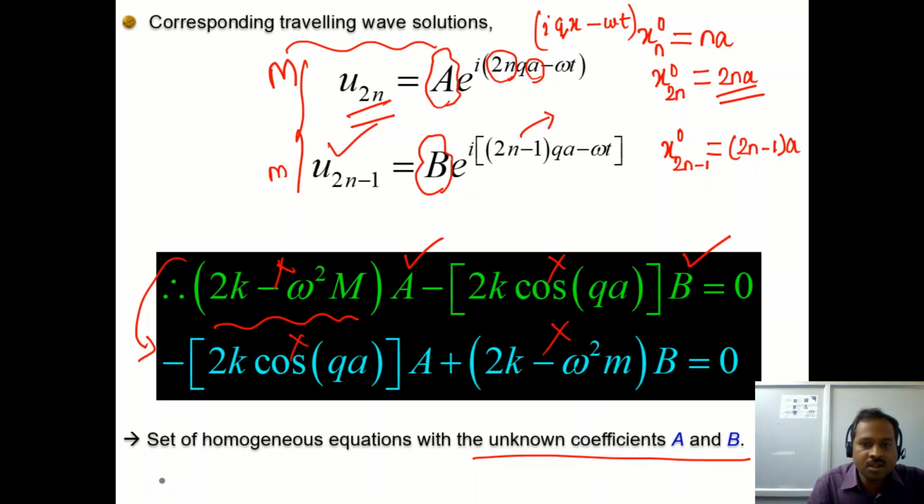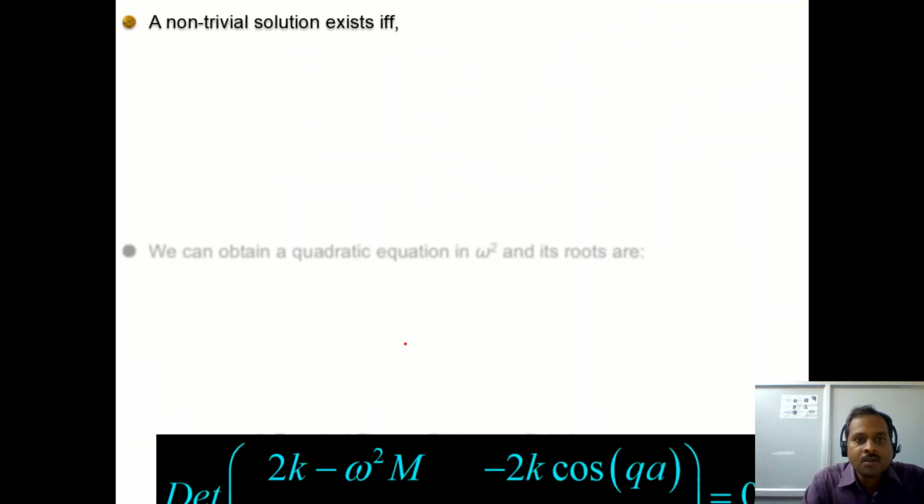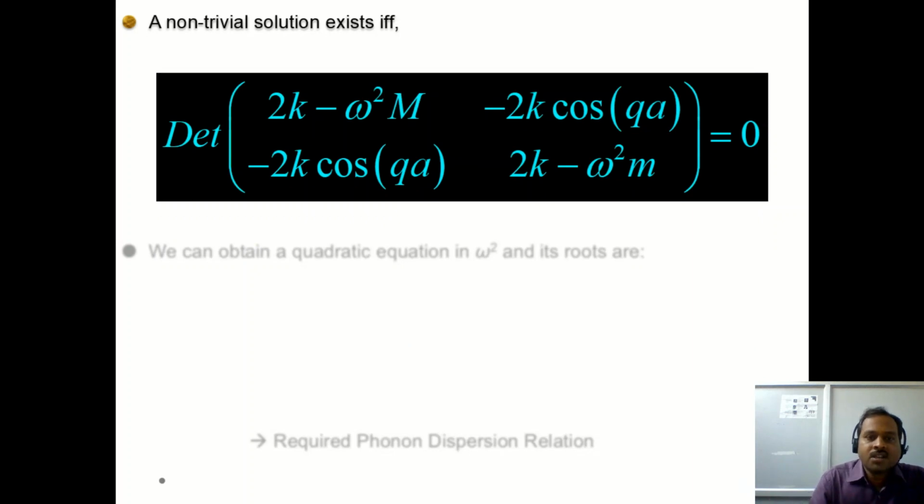We are interested in the non-trivial solution, which exists if and only if the determinant of these four terms is 0. This is the associated determinant which I was talking about. So the determinant of 2k minus omega square capital M, minus 2k cos qa, minus 2k cos qa, and 2k minus omega square small m is equal to 0.